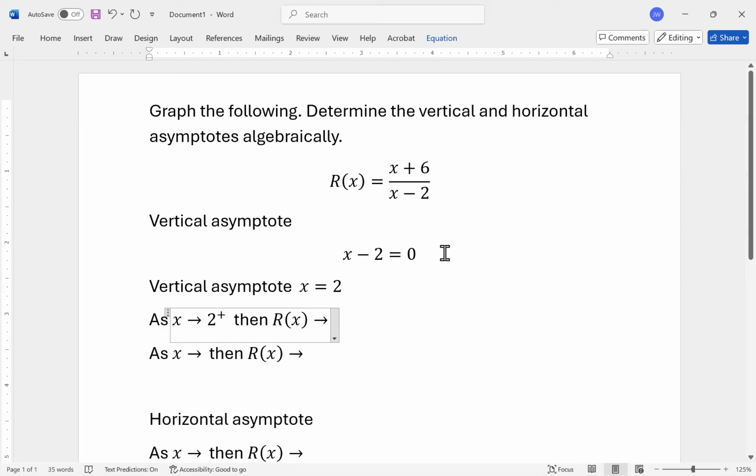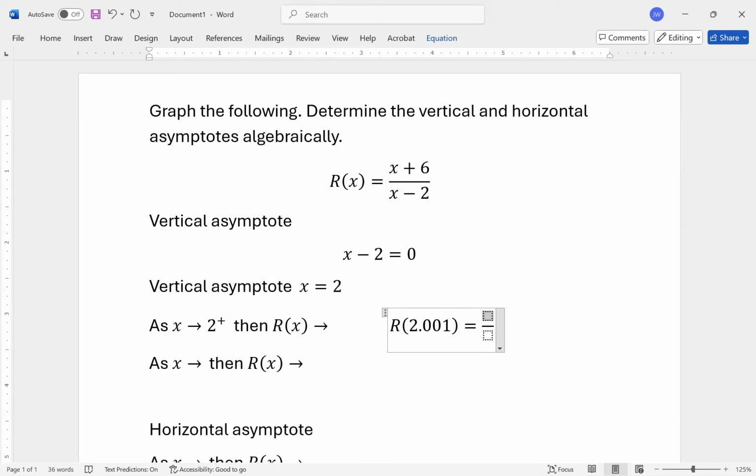Plug in something like 2.001. If I plug in 2.001 into my function, what would I get? Would I get a very large number or would I get a very small number?